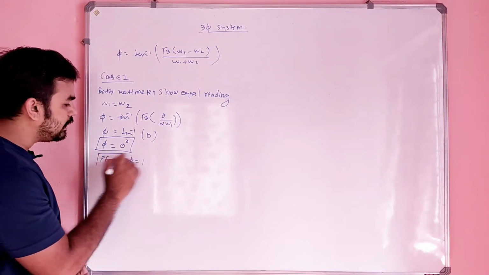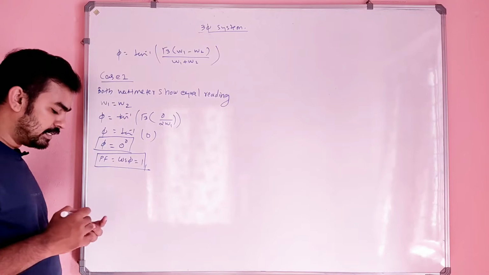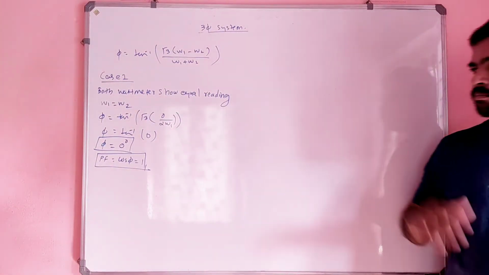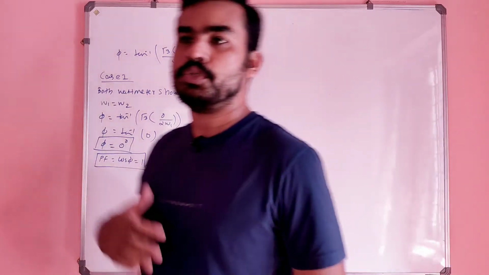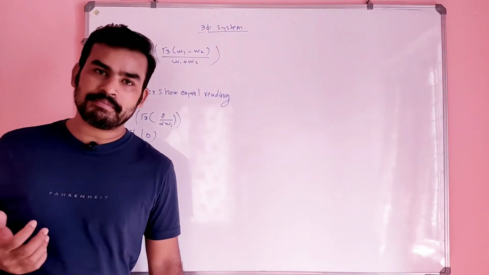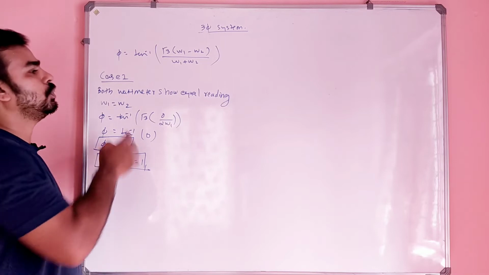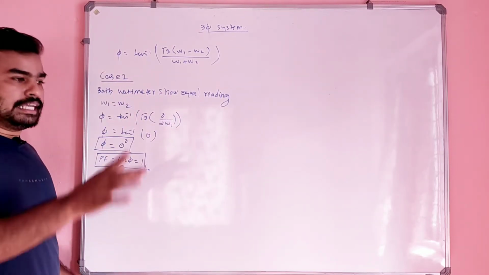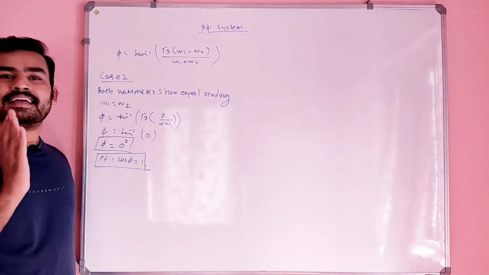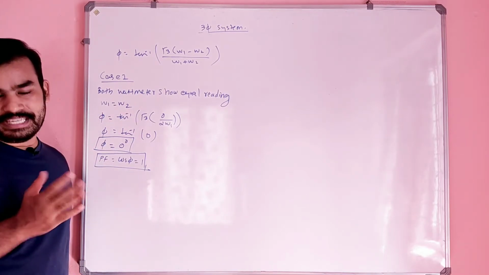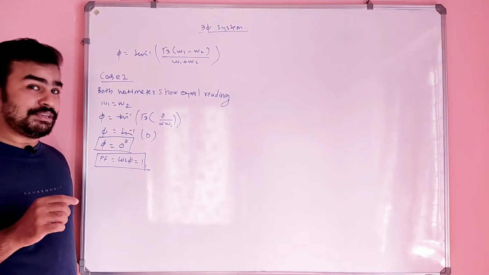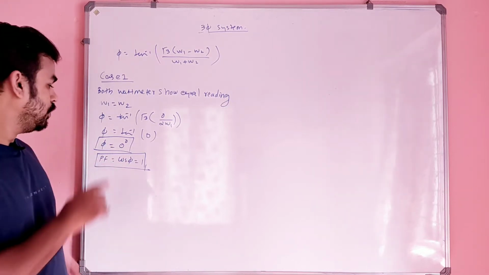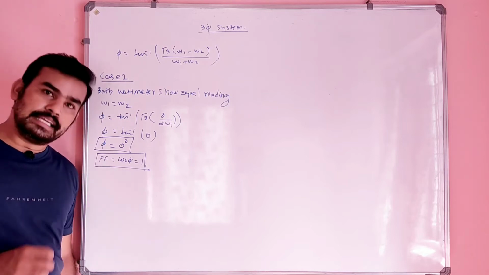So only in the unity power factor condition do both wattmeters show equal reading. This is a pure resistive load, in which the power factor is unity and phi is 0 degree.